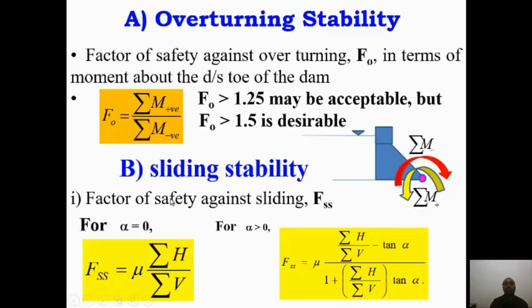For sliding stability, the factor of safety against sliding for a horizontal foundation is mu times sigma h over sigma v, where mu is the coefficient of sliding friction, and there is also this equation for alpha more than 0 if the foundation is inclined.